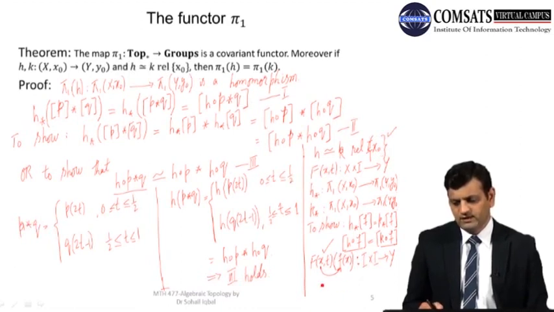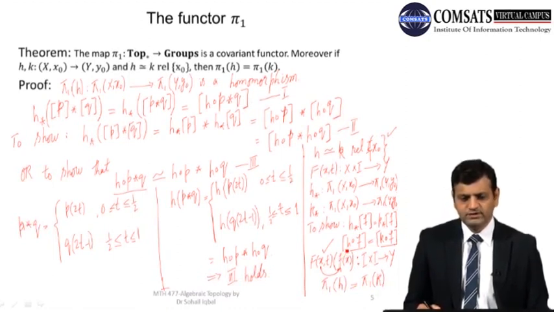So we can say that pi 1 of h is equal to pi 1 of k. So in other words, if two functions are homotopic between two pointed topological spaces, then their induced homomorphisms are the same.